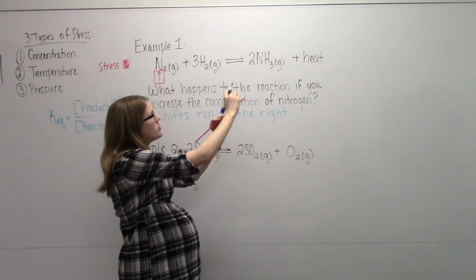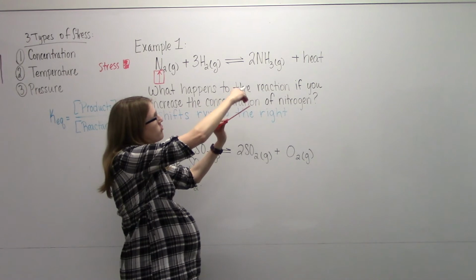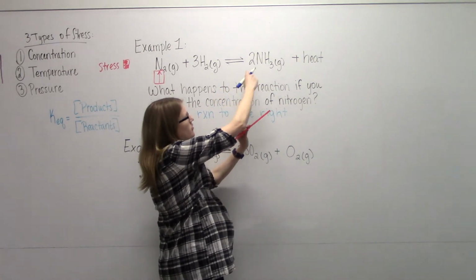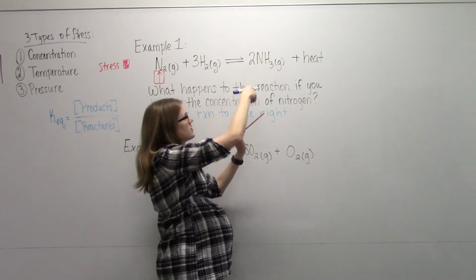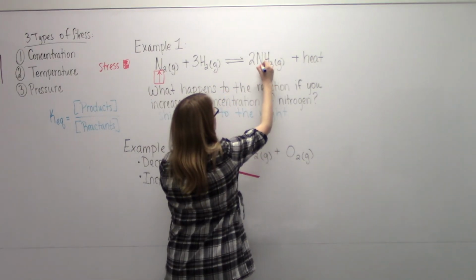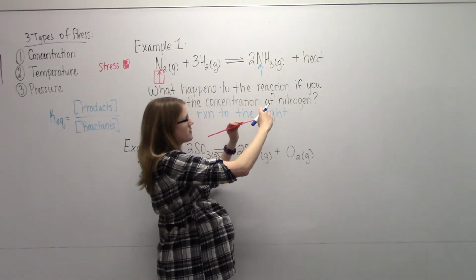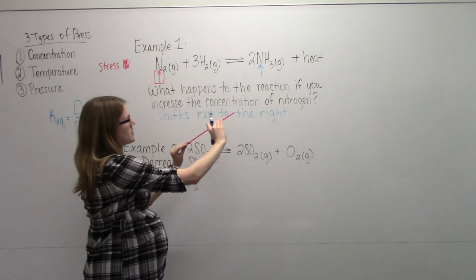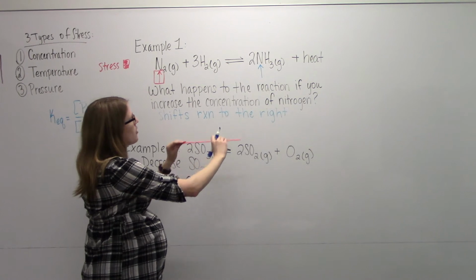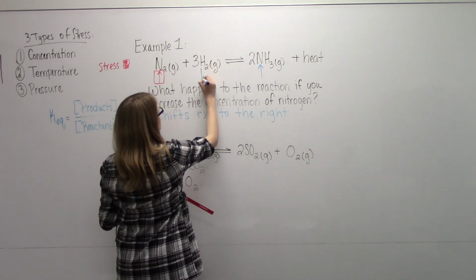Now, in order to get this to fall back down, what would we need to do to our product? We would need to add some of it. So this is going to need to increase. We add it to get that to fall back down. And what are we going to need to do to the other reactant? To get this side to go up, we're going to need to decrease it.